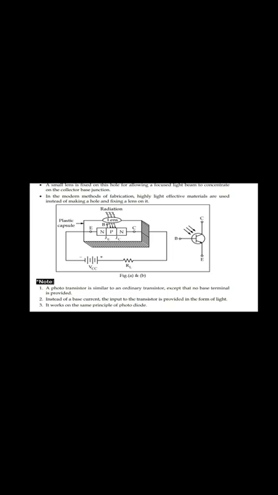We know the equation IC equals beta times IB plus 1 plus beta times ICB0. The base terminal is open, so IB equals 0. So IC equals 1 plus beta times ICB0. This is the collector current of the phototransistor.